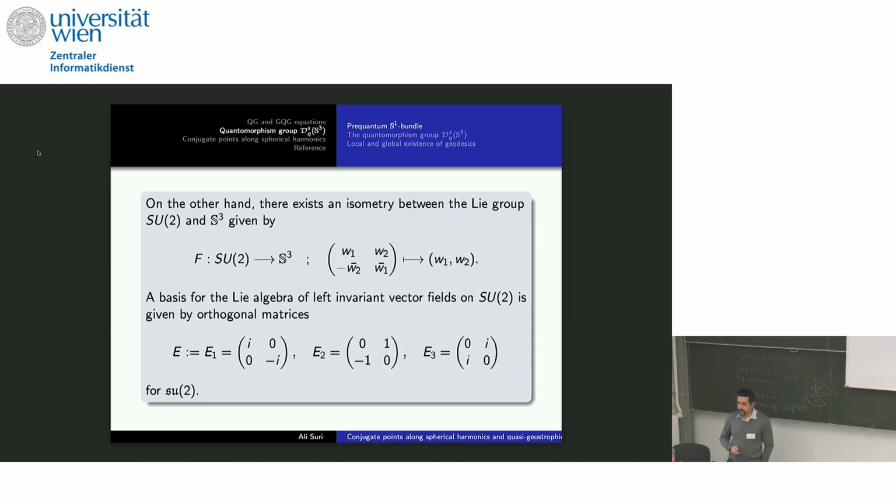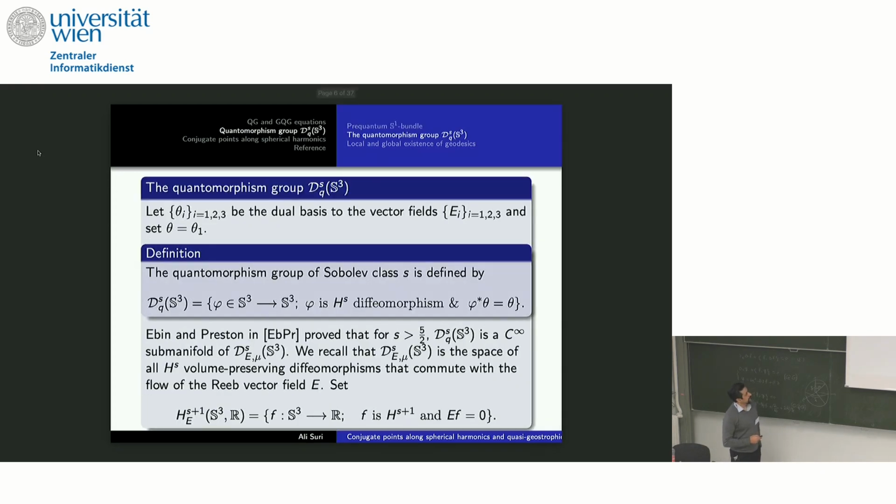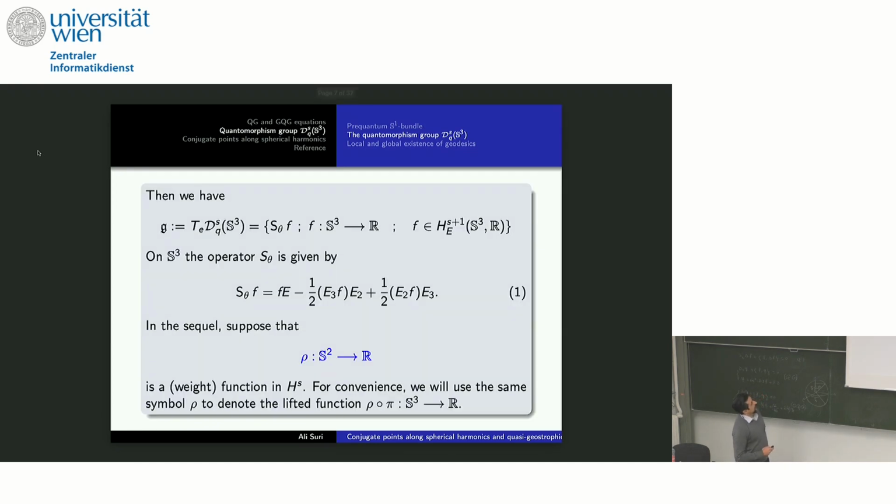These matrices are, up to some constants, the Pauli matrices. So we consider the space of all H^{s+1} functions f which are E-invariant, and they will play the role of the stream functions for Lie algebra elements.